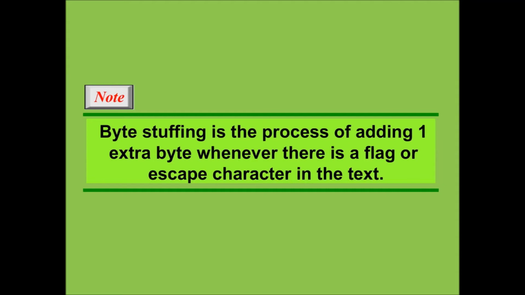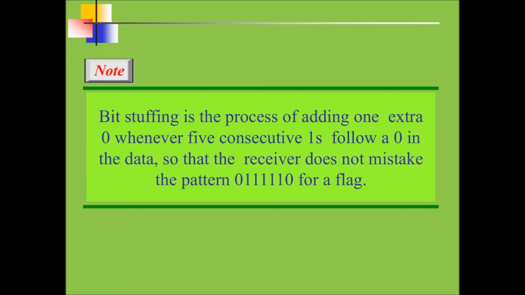If the total length of that frame is less than the fixed size, then the extra byte or extra bytes will be added or stuffed. So extra bytes will be stuffed to complete the minimum length of that frame. So if the length of that frame is less than the required size, then the extra bytes will be added. This concept is called byte stuffing.